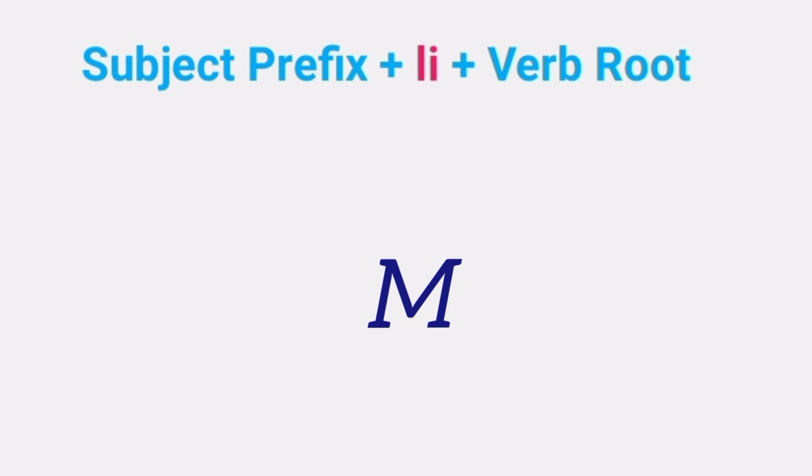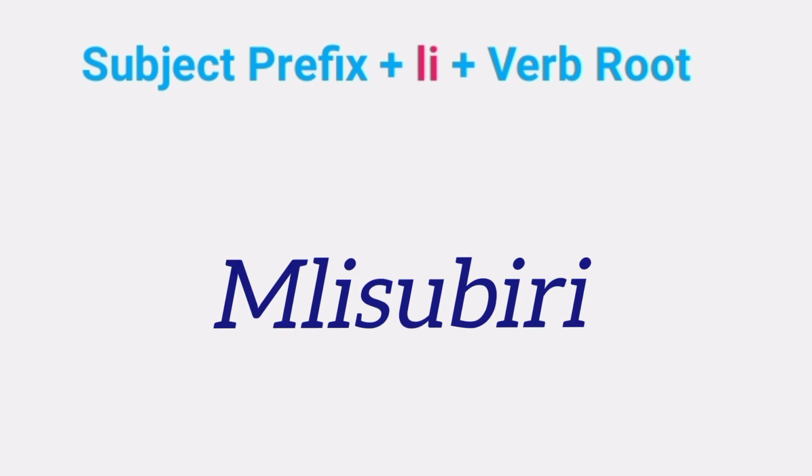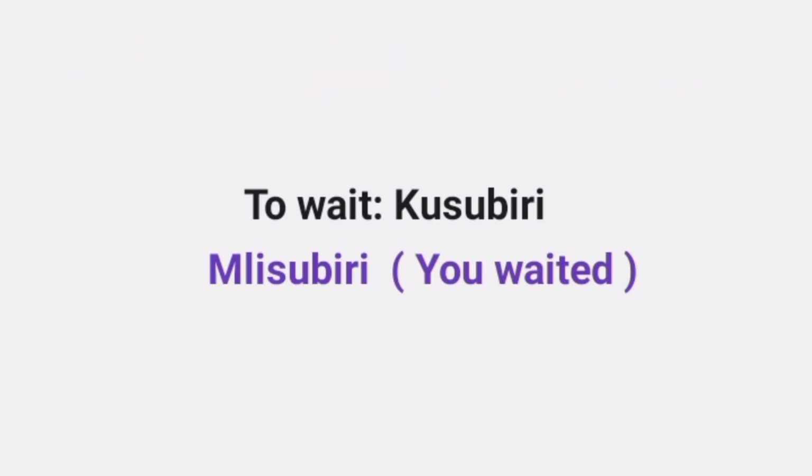So we write the letter m first, and we add li, then the verb root, which is subiri. What we get finally is mlisubiri. You waited.